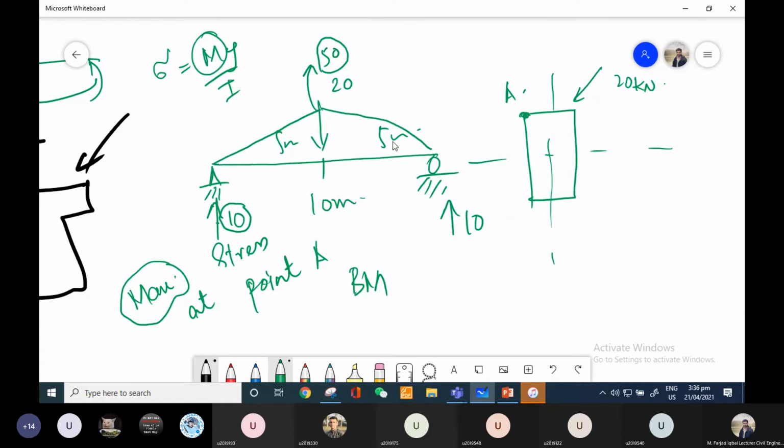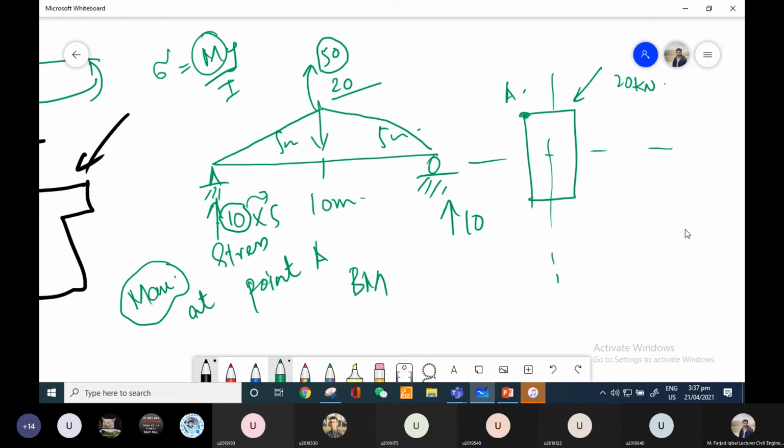Don't worry, because obviously we know that this 50 is due to this applied load. But while plotting the bending moment diagram, this 10 kilonewton reaction is producing this 50, because we are multiplying this 10 with 5 and getting 50, right? Is there any confusion about this one? If there is no confusion, then I can just move on.